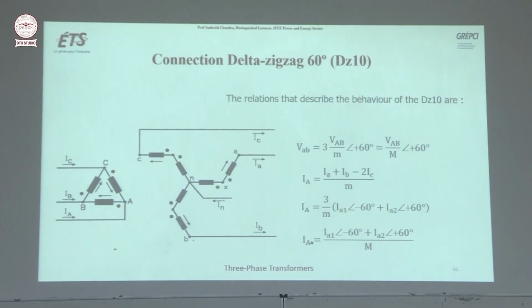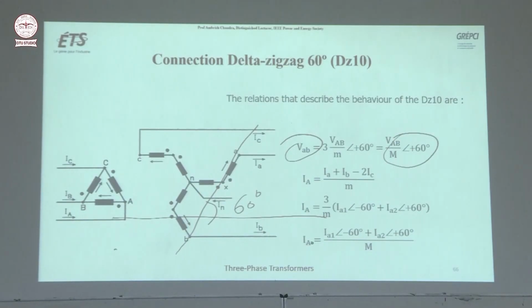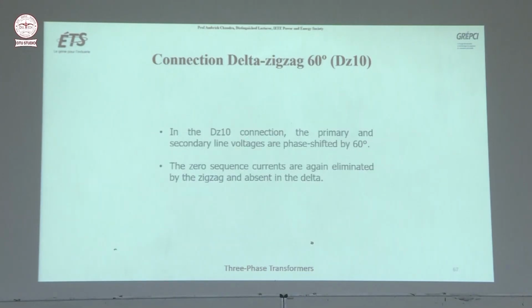So this is a 60-degree phase shift between the secondary voltage and the primary voltage. That is, the secondary voltage is leading by 60 degrees to the primary voltage. And then you can see the rotation of positive sequence and negative sequence.